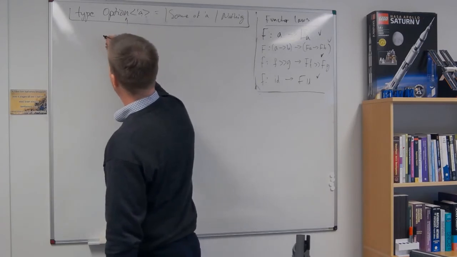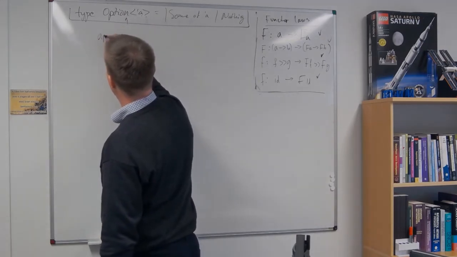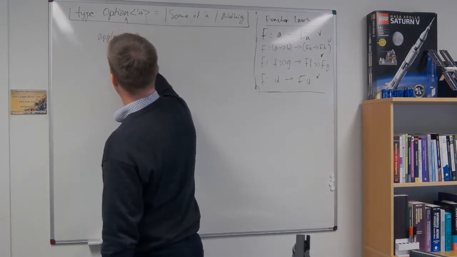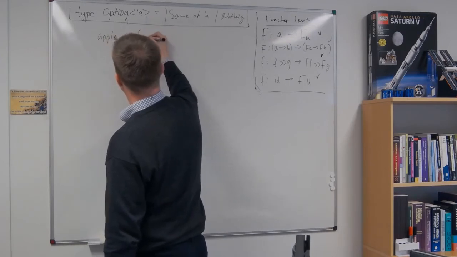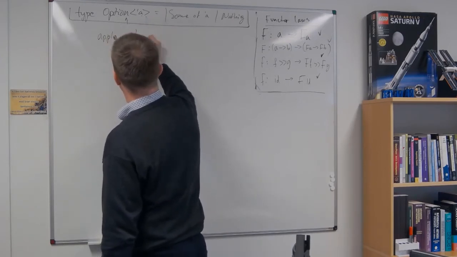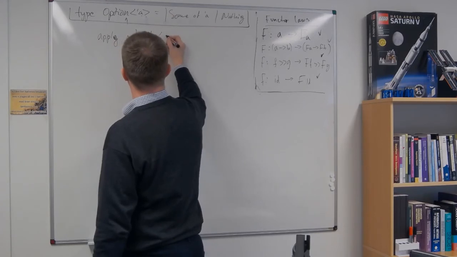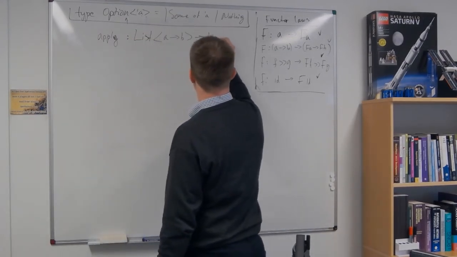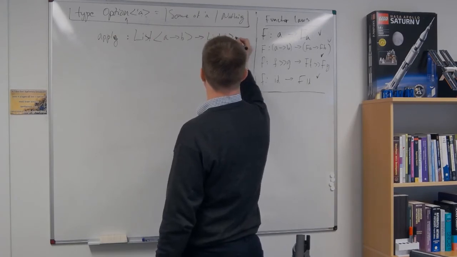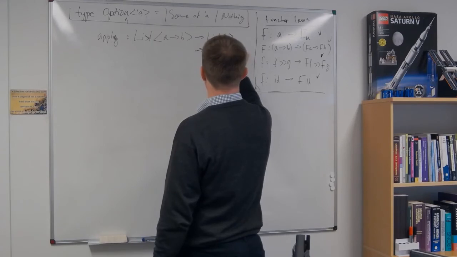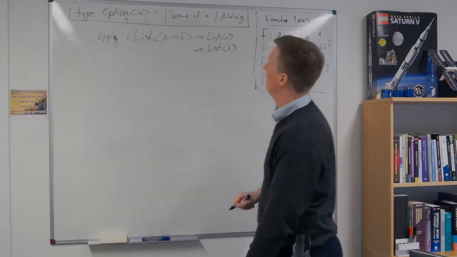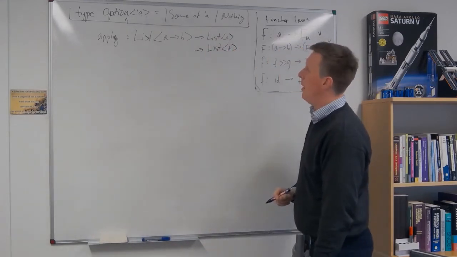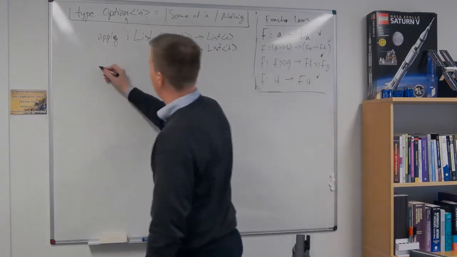Again, remember, apply should be a list of A to B, list A, list B. This would be apply for a list. How would we implement this?